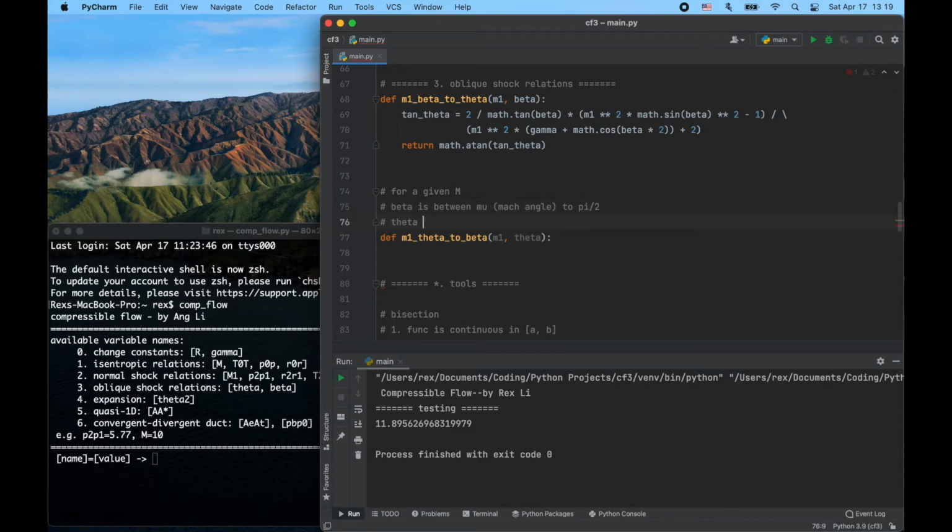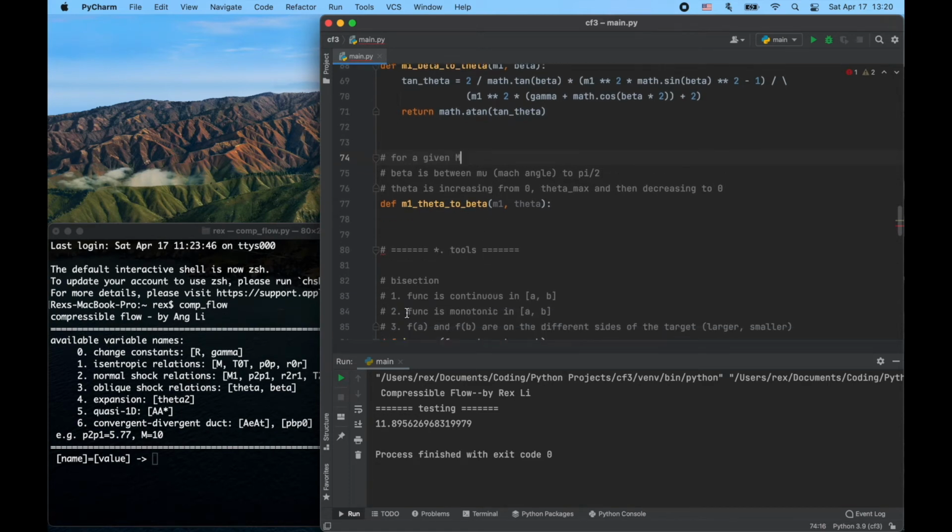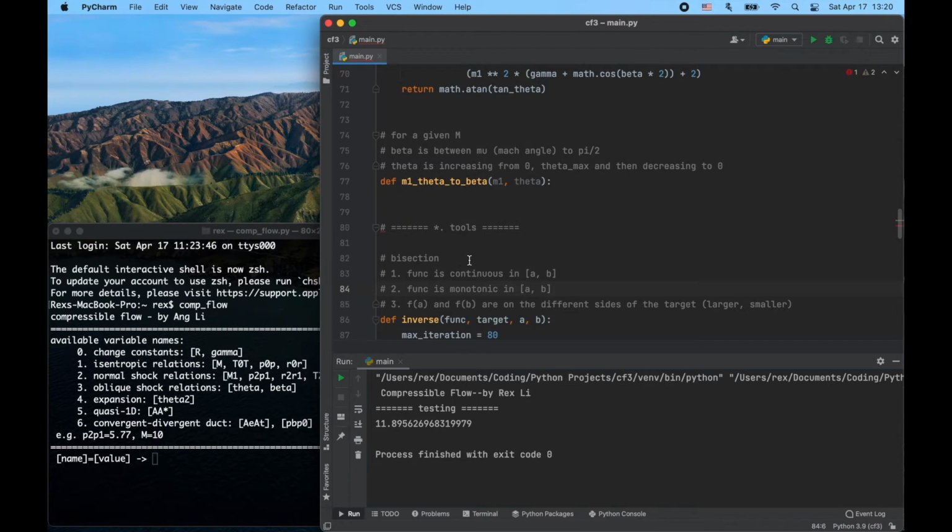Theta is increasing from 0 to theta max, and then decreases to 0 again. So theta is no longer a monotonic function of beta for a given Mach number. That means we cannot just simply implement the bisection method here.